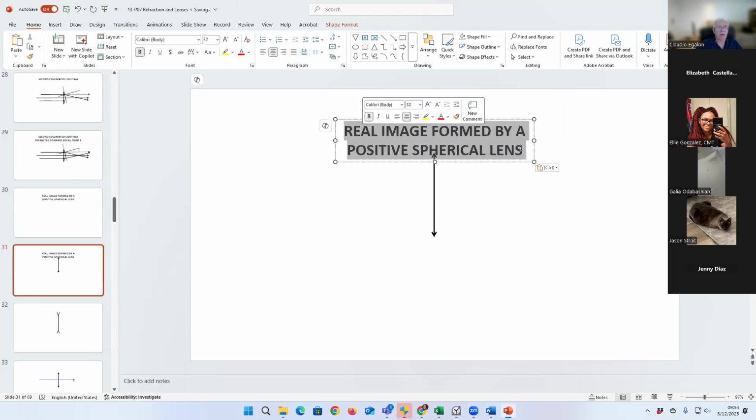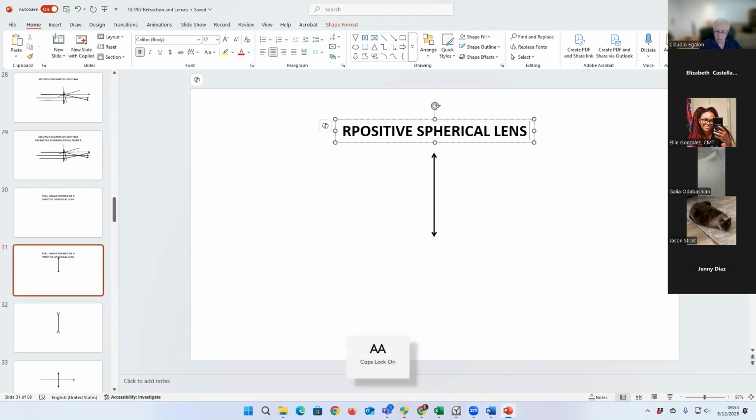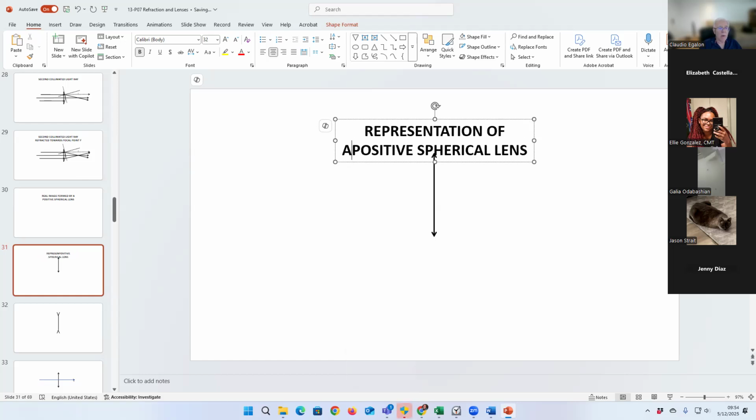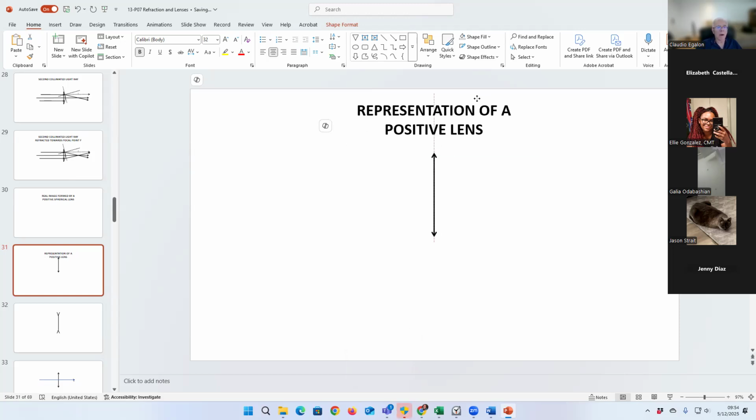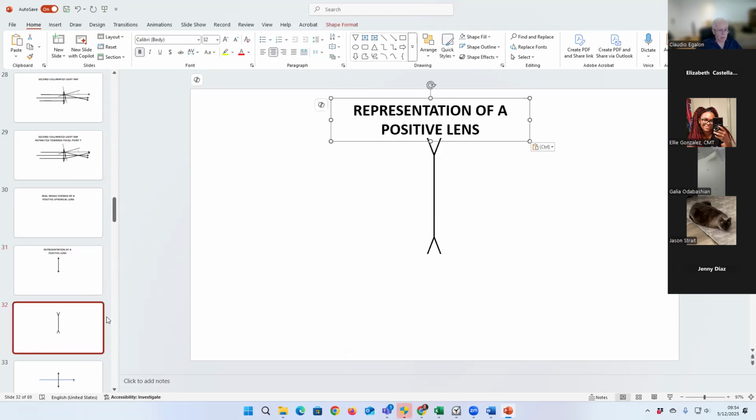Representation of a positive lens. A positive lens. Representation of a negative lens.